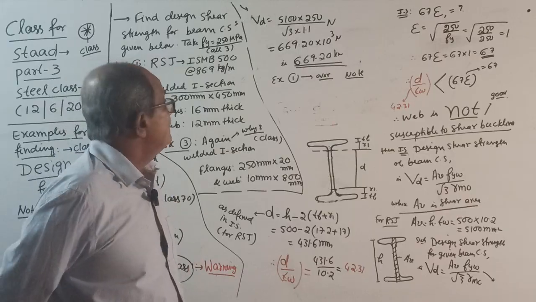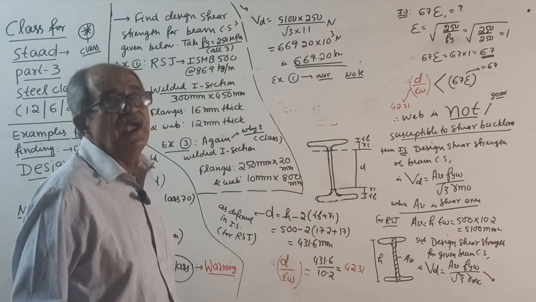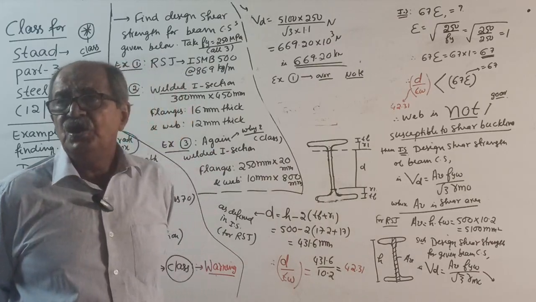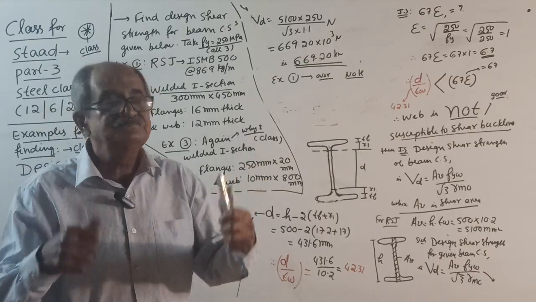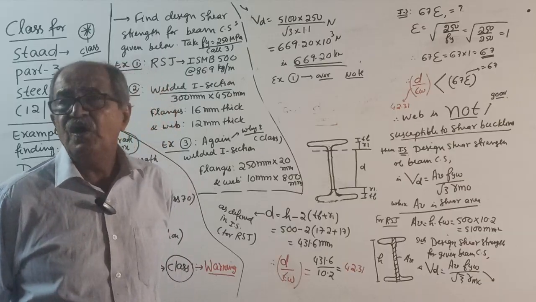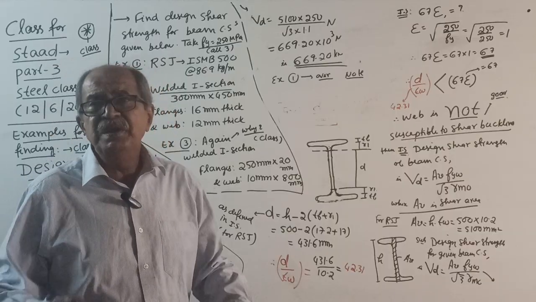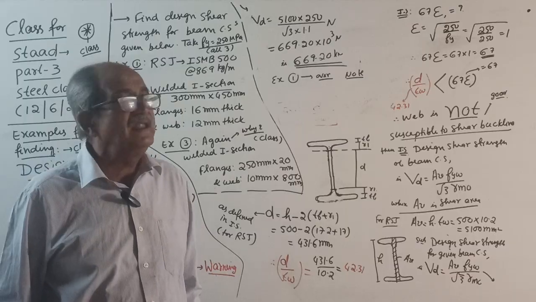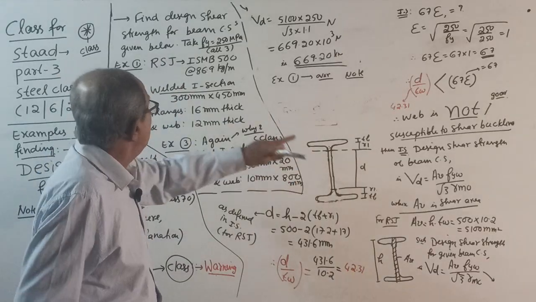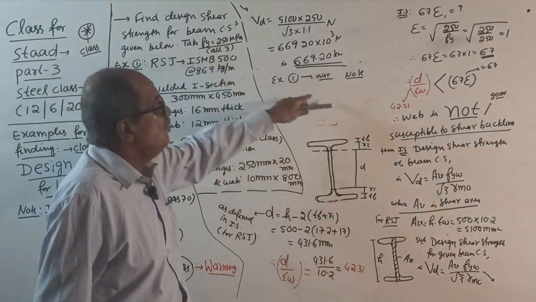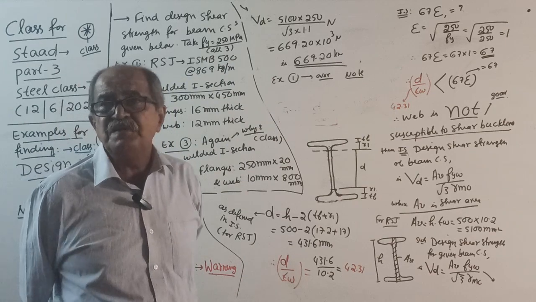For RSJ, there are two cases. One is web not susceptible to shear buckling: good, stronger case. Or second, web susceptible to shear buckling: weaker case, bad. I considered RSJ and covered when web is not susceptible to shear buckling.